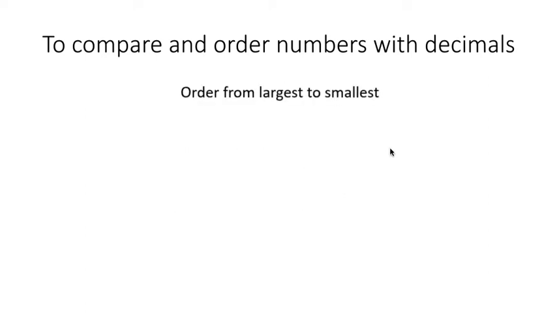And the next one, we're going to order from the largest to the smallest. Here are our numbers. All have 3 decimal places. So we want to look for the largest, so we need to have the largest number in the tenths. 1, 0, 9, 8. So the largest in the tenths is going to be this one. We can carry on looking in that tenths column. They've got 1 tenth, no tenths, and 8 tenths.